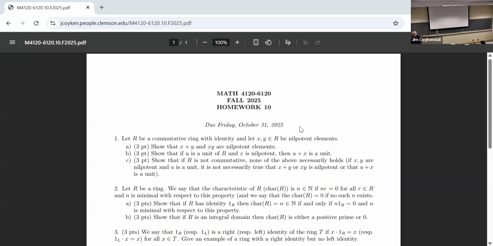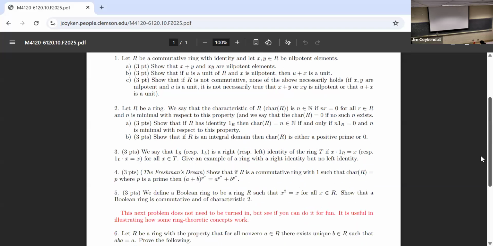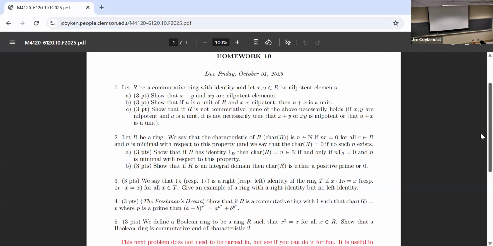It should have been R. So what I have on the next homework is a few ring theory problems. Let me point out that the last problem is actually an optional problem, just for you to work yourself. If you're interested in getting feedback on it, you can just email it to me separately.